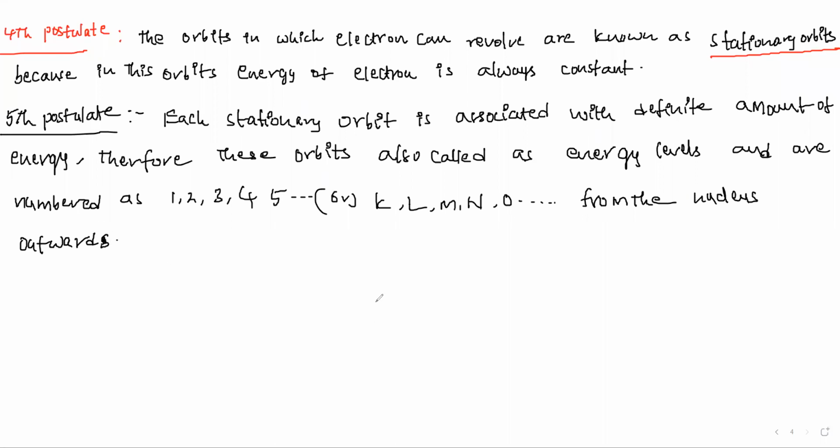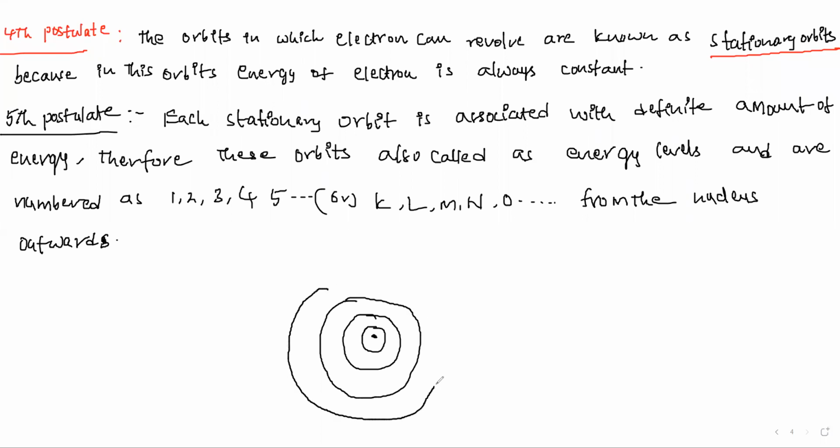For example, this is the nucleus, and the electrons are revolving around the nucleus in fixed circular paths. These paths are called orbits or shells, or stationary orbits. Each is associated with some energy, which is why the energy of the electron is constant while revolving in stationary orbits.